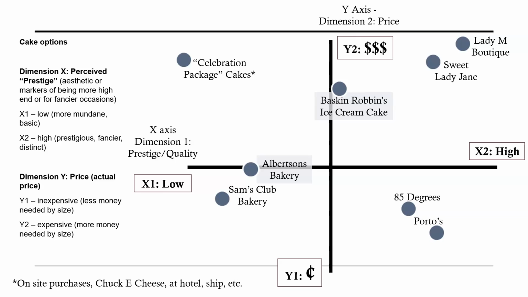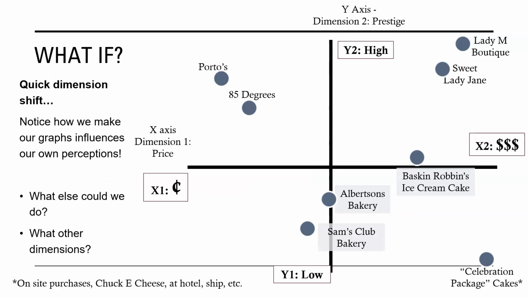So a quick thing to think about is how we lay this out. I've told you how sometimes we arrange things because, especially Western readers, often infer progression when we go from left to right, down to up. Keep that in mind when deciding how your dimensions should be ordered. You can see how this one switched where price and prestige were.